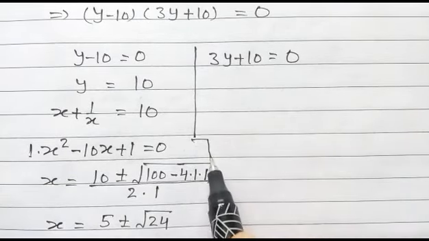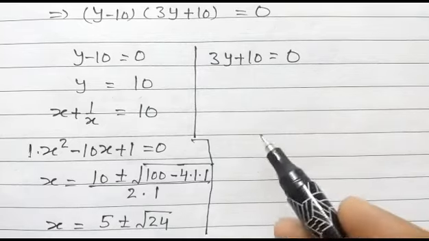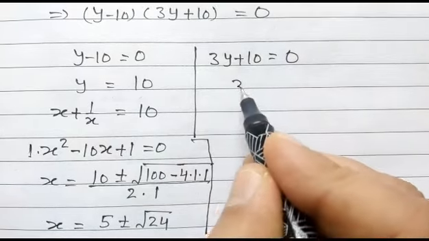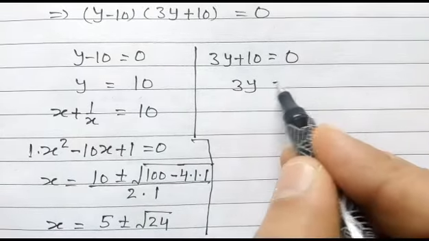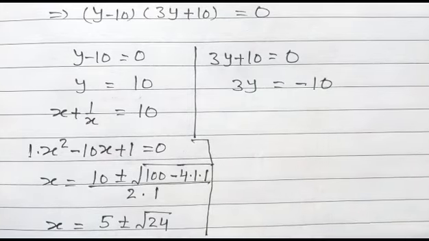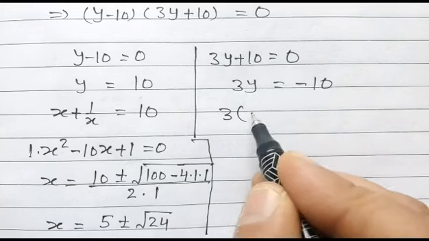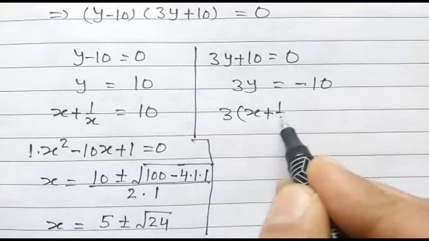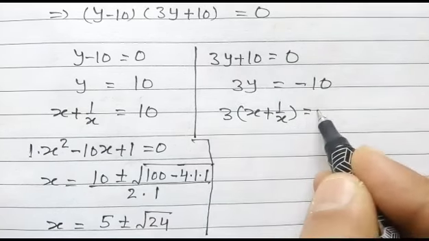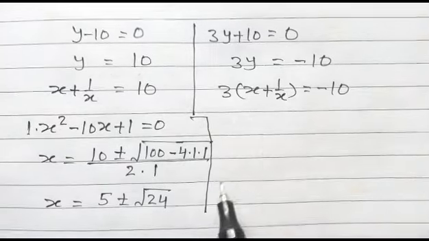If we go with the second case, 3y = −10. As we have assumed, x + 1/x = −10/3.